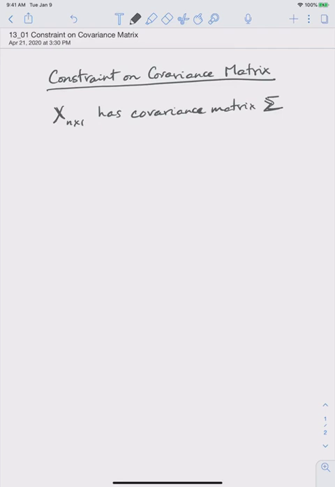If X has covariance matrix sigma, then we know that sigma is symmetric, and that its diagonal elements are variances and hence non-negative.